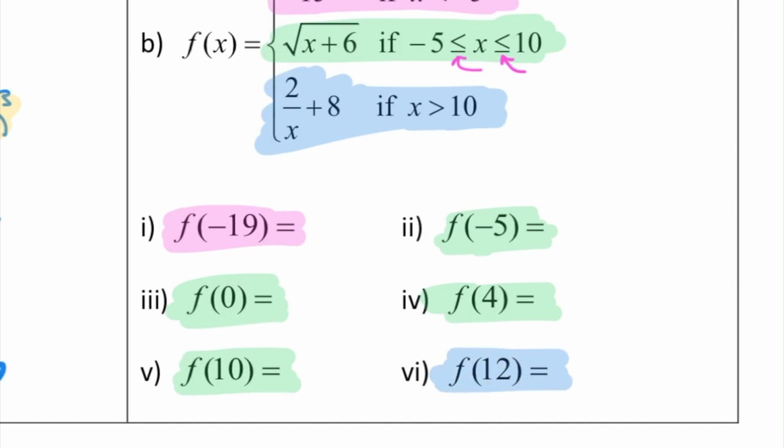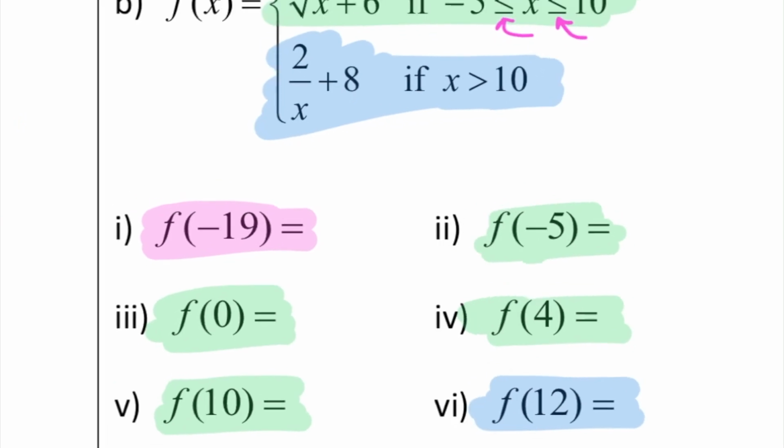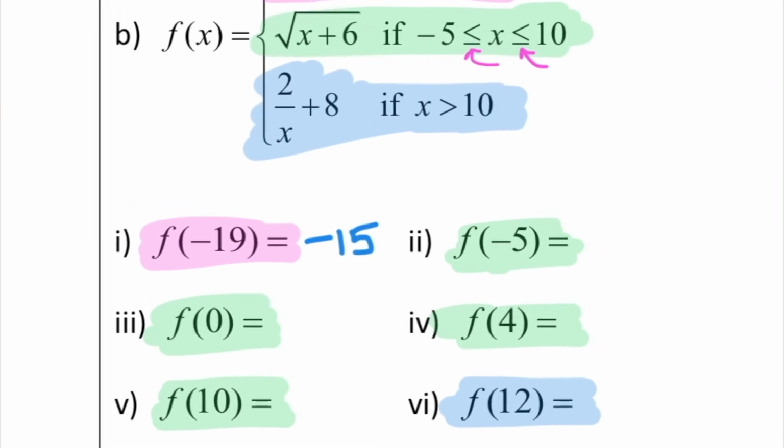So when you substitute in, for the pink section, all the answers would be -15. When you substitute -5 plus 6 inside of a radical, the square root of 1 is 1. When you substitute 0 into there, 0 plus 6 is 6.